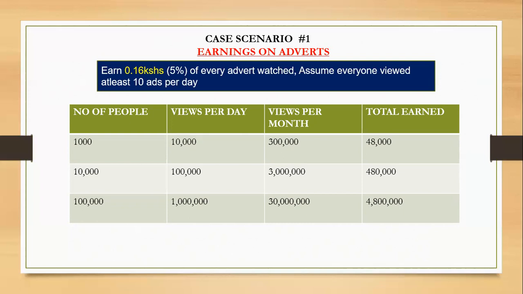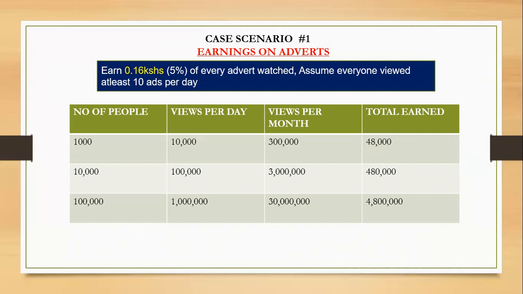So 1,000 people in your region viewing 10 adverts per day, you are able to accumulate a total of 10,000 views per day. And when you multiply times 30, you are able to accumulate a total of 300,000 views per month. When you multiply by 0.16, you're able to collect a total of 48,000 Kenya shillings just from adverts watched in your region.